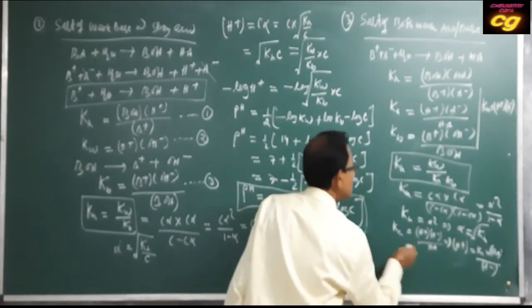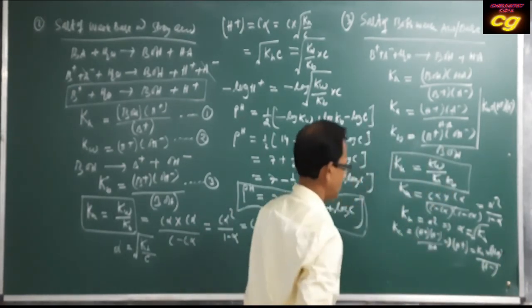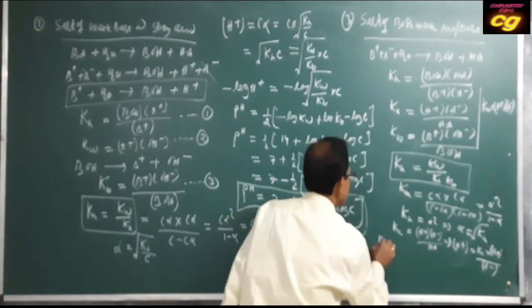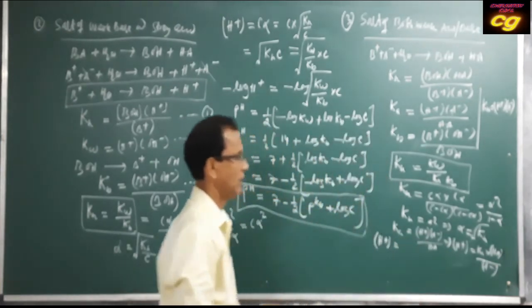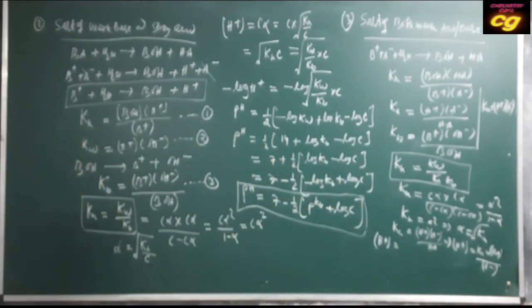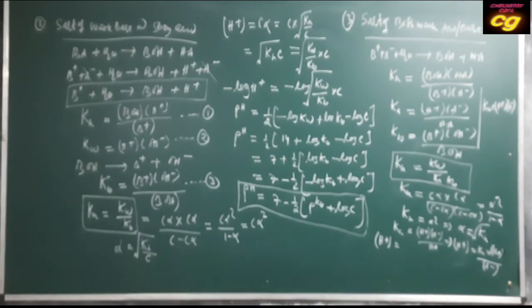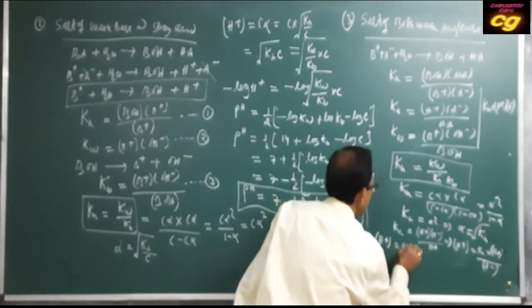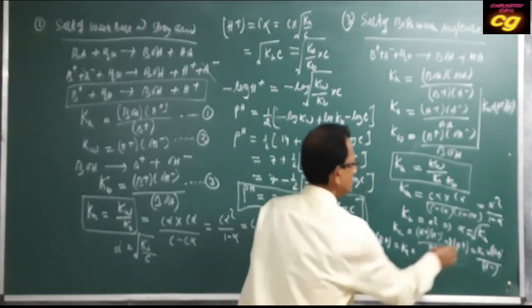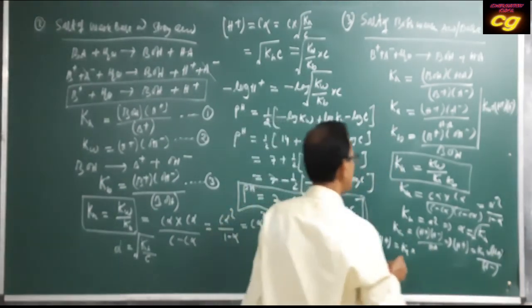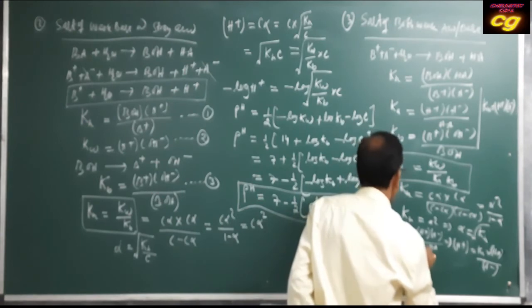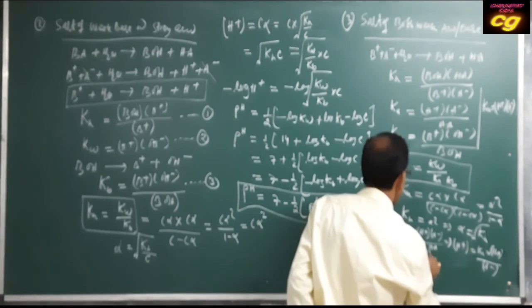Now if you put the value of C alpha, what is the result? It will be Ka into HA, and HA is equal to 1 minus alpha upon alpha.